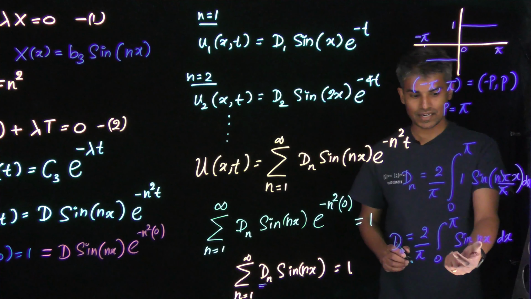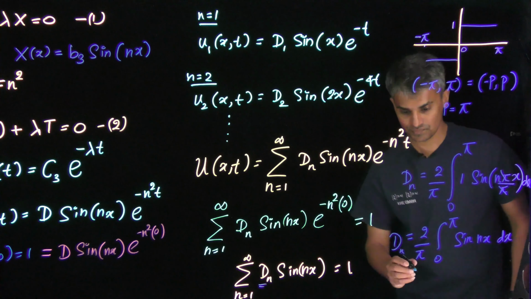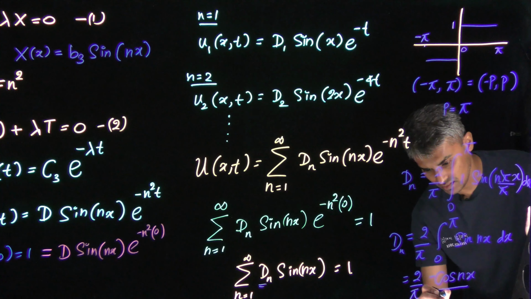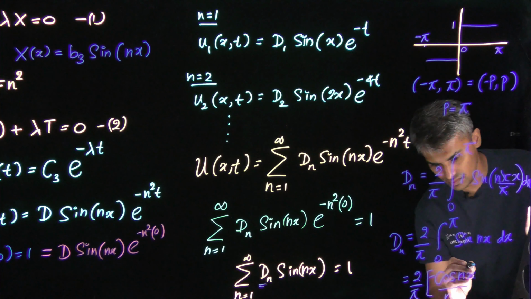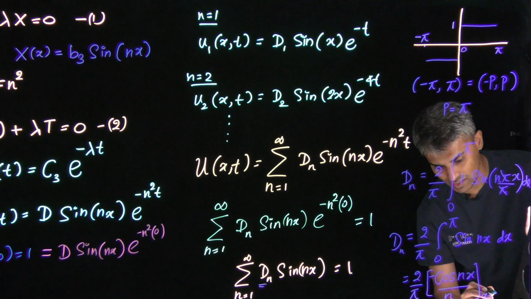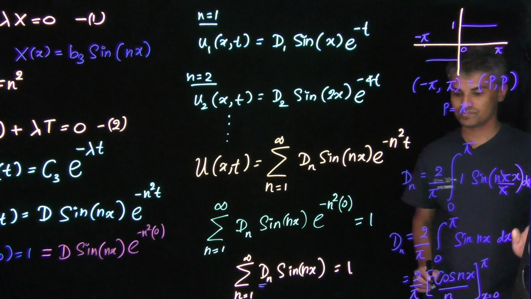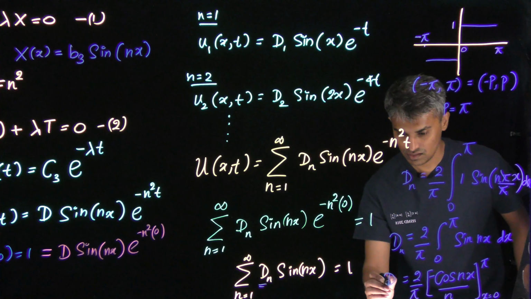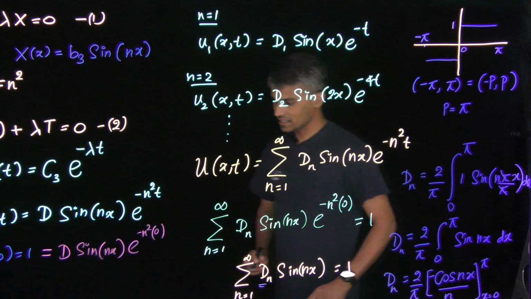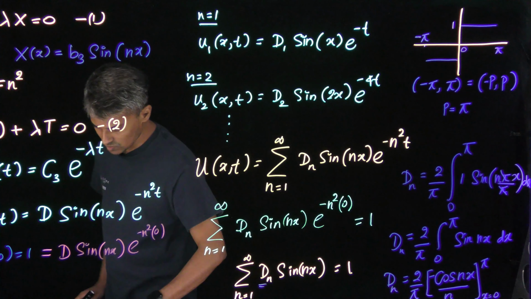Okay, let us integrate this. Integral of sine nx is minus cosine nx over n, lower limit is 0, upper limit is pi, and in this case you should get dn.